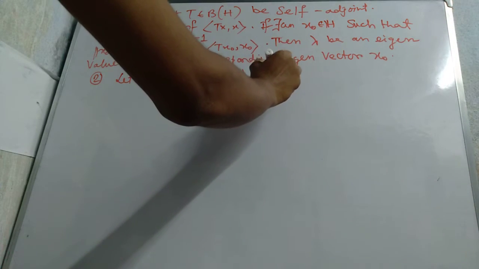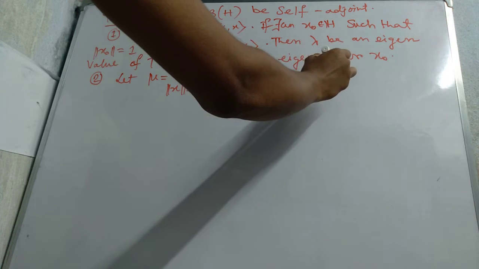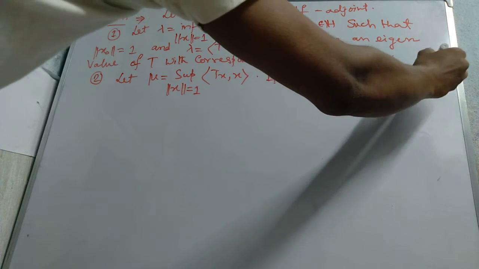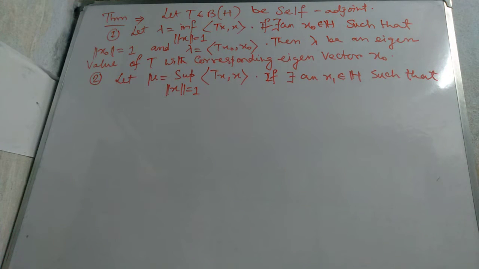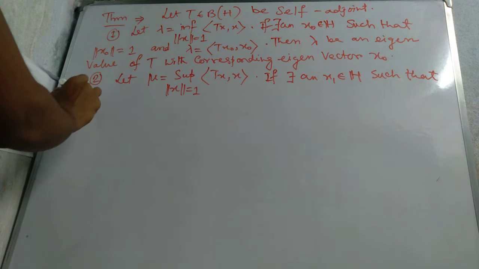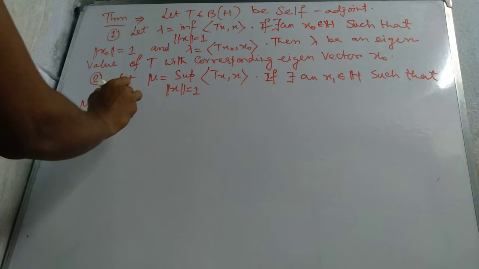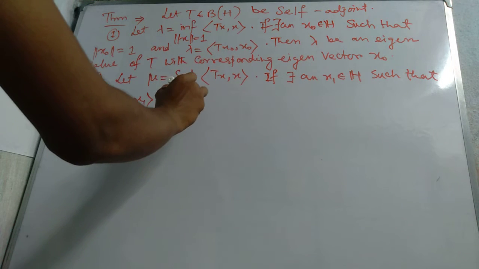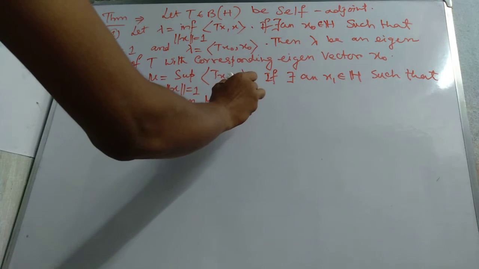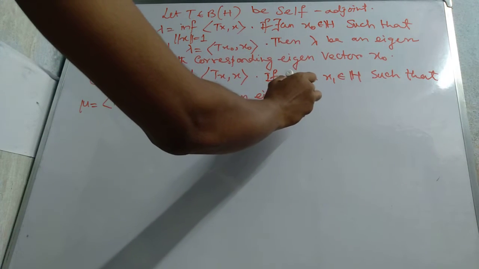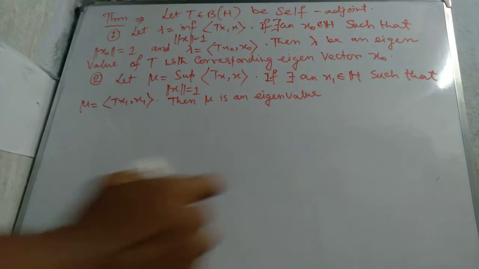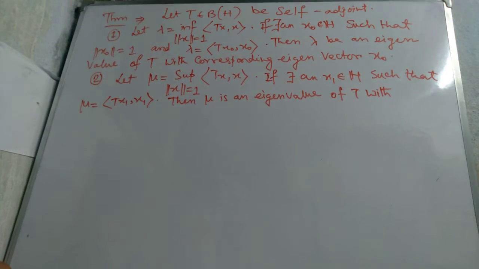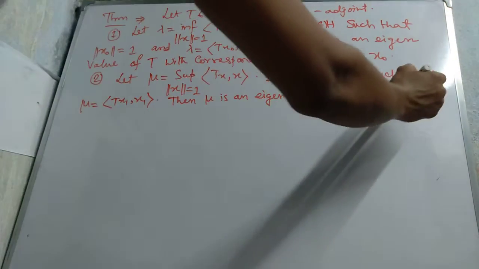If there exists an x1 belonging to H such that mu equals the inner product of Tx1, x1, then mu is an eigenvalue of T with corresponding eigenvector x1.